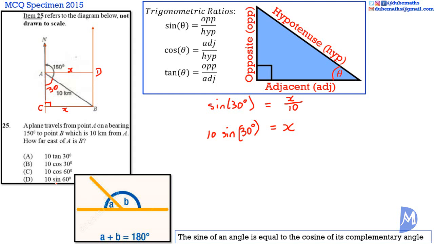Remember that the sine of an angle is equal to the cosine of the complementary angle. Thus, sine 30 degrees is equal to the cosine of 60 degrees. So, 10 sine 30 degrees is the same as 10 cos 60 degrees. X is equal to 10 cos 60 degrees. The answer is C.